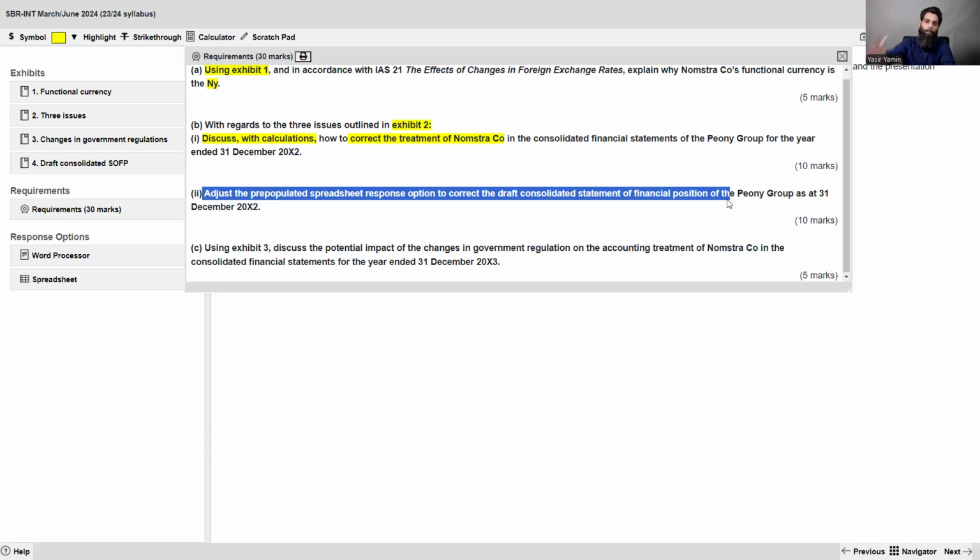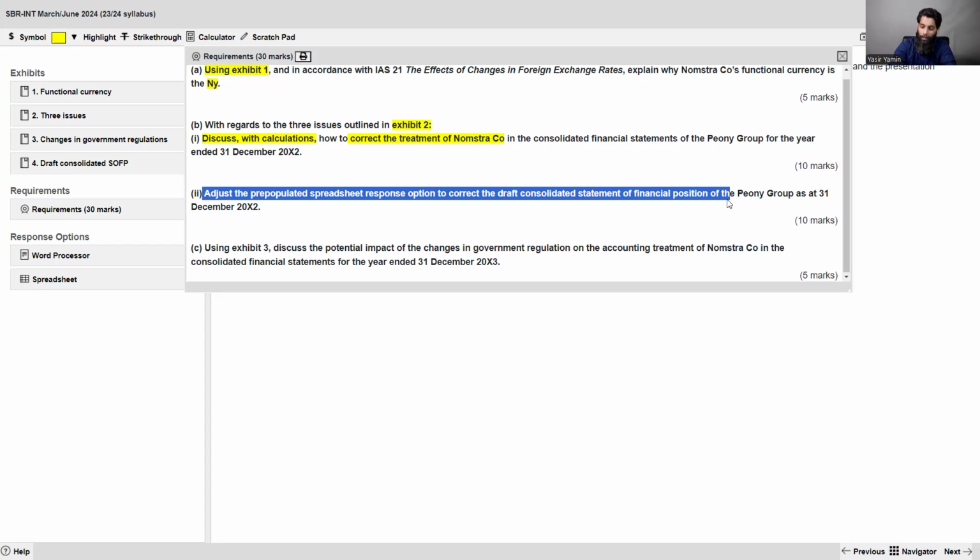If I was in your place, I would go and tell my examiner, this is completely unfair. You are giving me 10 marks just to make an adjustment in the draft consolidated SOFP. Why are you giving me so many marks so easily? And I would say, I won't take it. Most of the students might have done that. They would have said, we are not going to take it. We are going to come in the next attempt and solve the same question again.